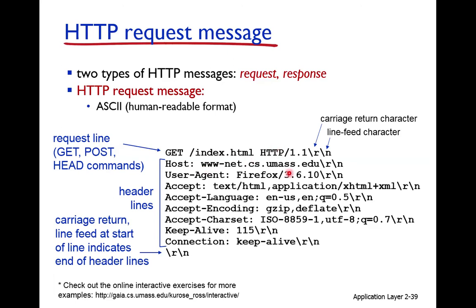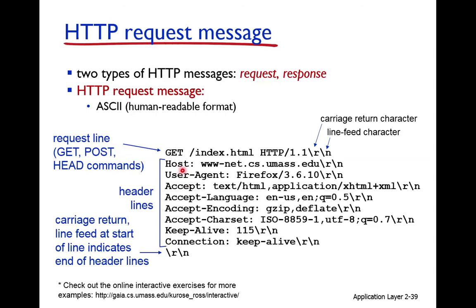Then a new line: carriage return line feed means the start of a new line. These are called header lines. These header lines can be in any order, no problem, but the request line should be the first one in the HTTP request message. The HTTP request message is in ASCII format, human readable, so you can read it and understand from the header lines what it means.